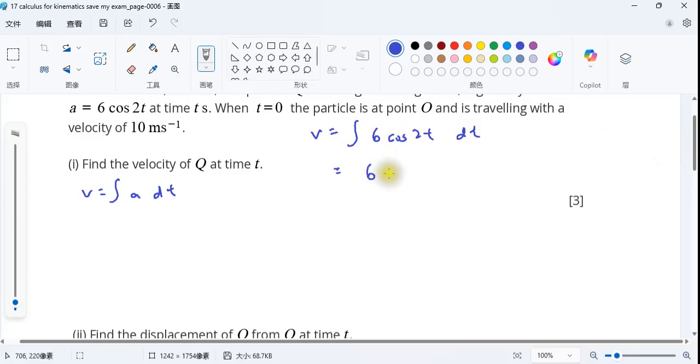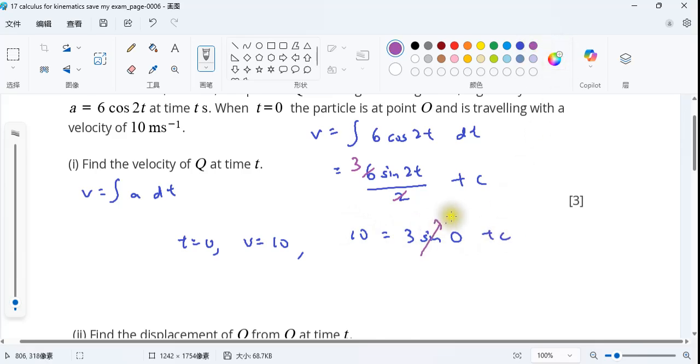So it's 6 sin 2t over 2 plus c. When t equals 0, v is 10. So we will have 10 equals 3 sin 0 plus c. Sin 0 is 0. So c is 10.